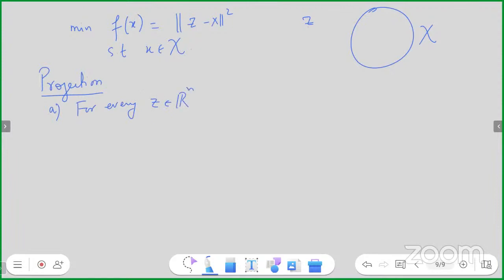Let me call the projection of Z as Z plus. You could index it with X, but for the moment, let's keep this. For every Z, X star is equal to Z plus.